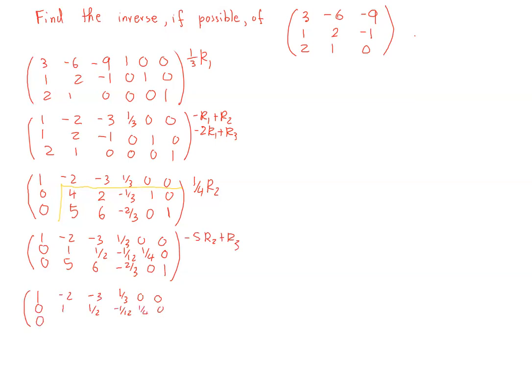And then I have 0, 0. And I have minus 5 halves plus 6. Minus 5 halves plus 12 halves. So that's 7 halves.